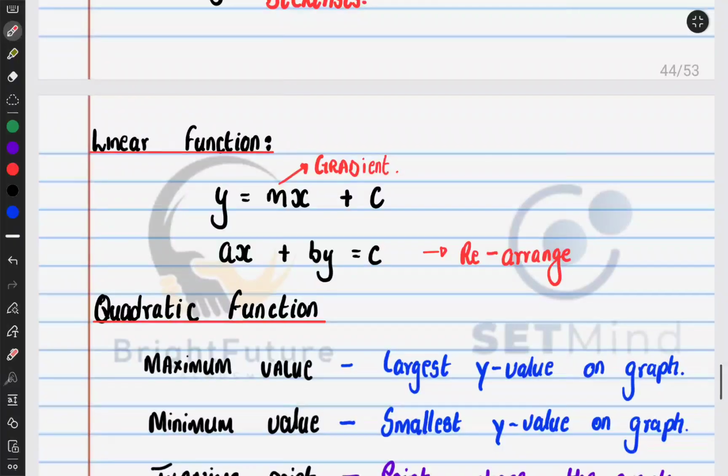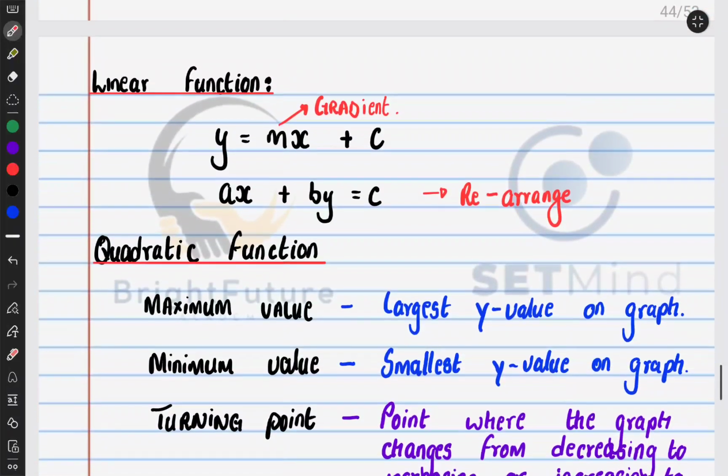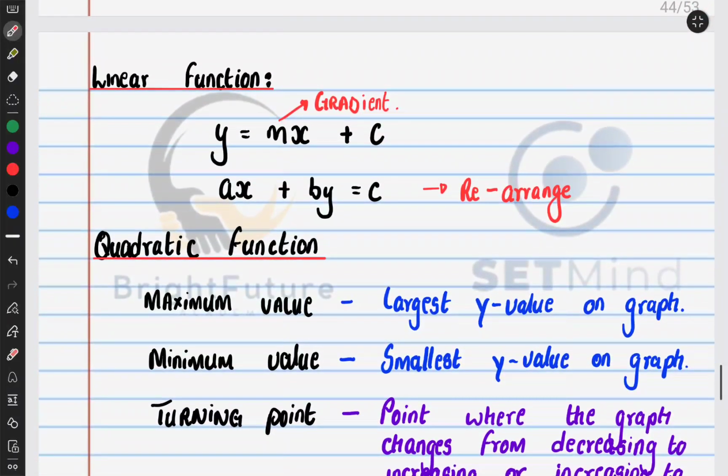Okay, and then next, just a reminder of the linear function and the formulas that we use when dealing with it. We have the basic formula, which is y is equal to mx plus c. I remember when we covered the linear function, I think it was y is equal to ax plus q, if I'm not mistaken. So it's basically the same thing. But as you move forward to grade 11 and grade 12, you'll see that generally the form they use is y is equal to mx plus c, and that m stands for the gradient.